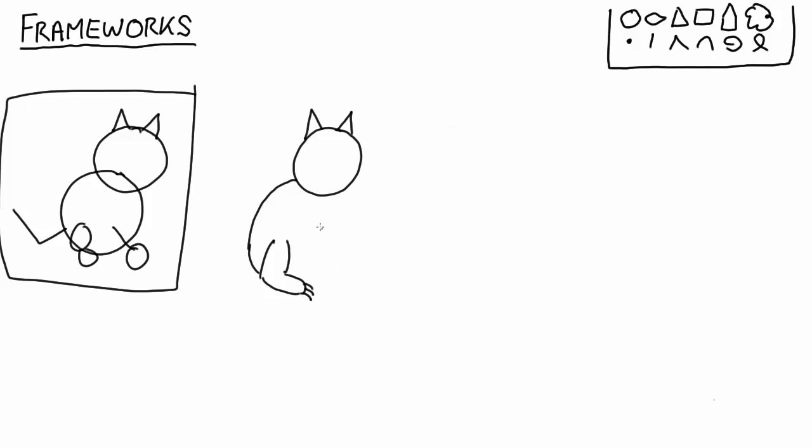Then I might add another line here, and again add some claws. Another line here, and another line here, and some more claws. So there's my cat, and there's the tail.